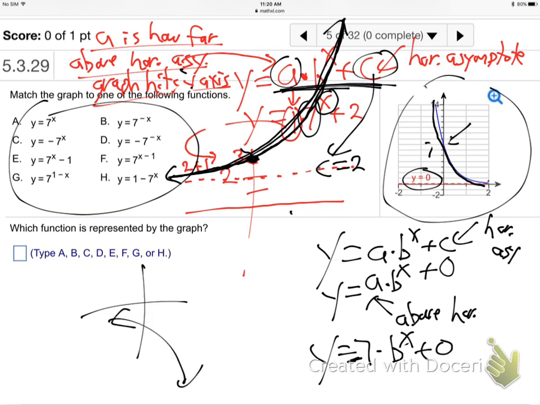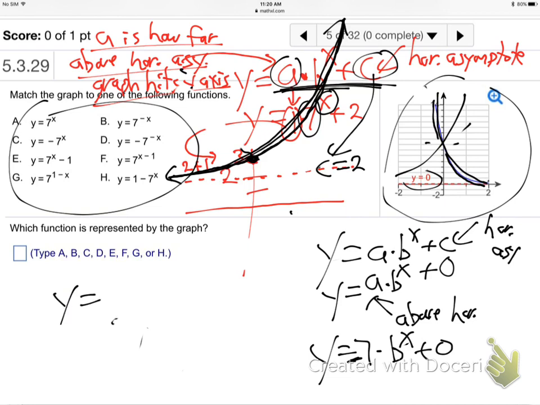If you put a negative in the front, that'd be a negative y effect. But we have flipped this graph sideways. It used to go this way. They flipped it sideways. That's negative x. So we're looking at 7 times b to the negative x plus 0.